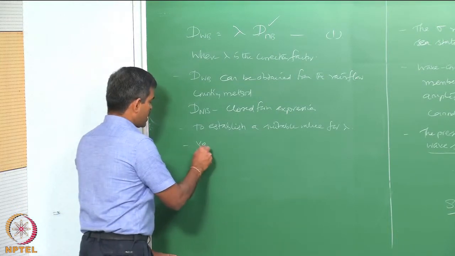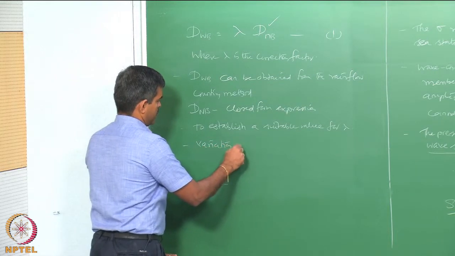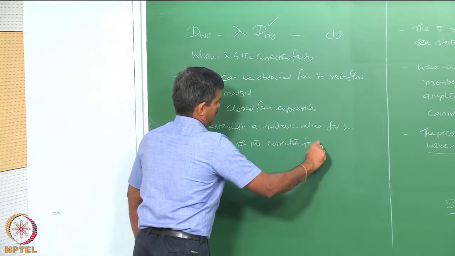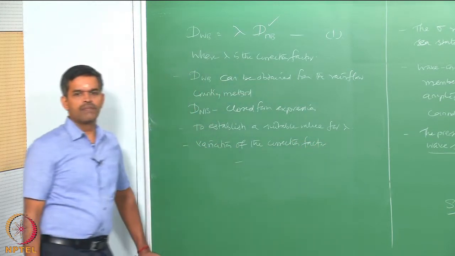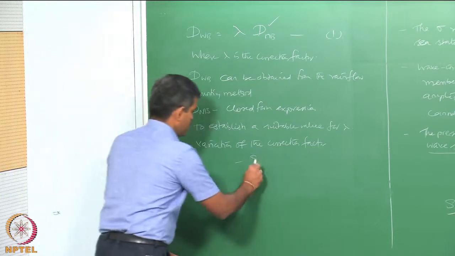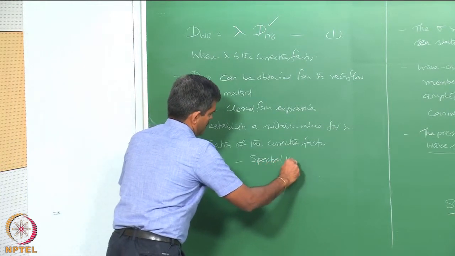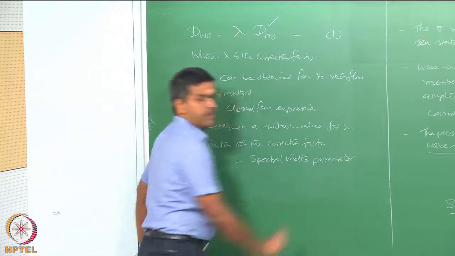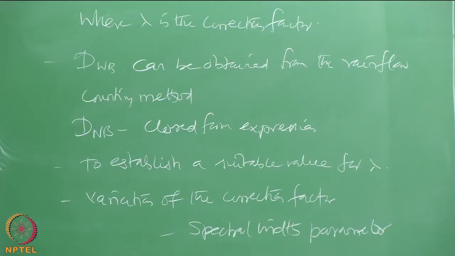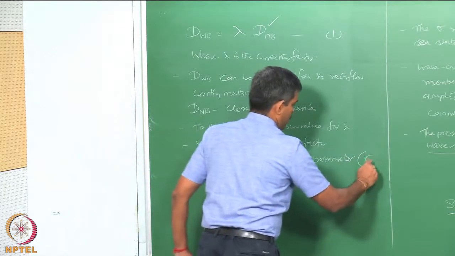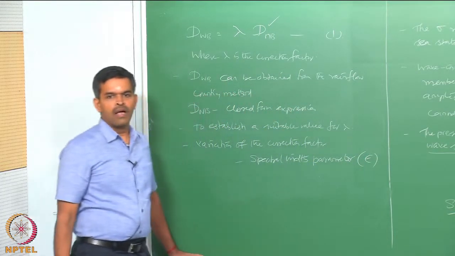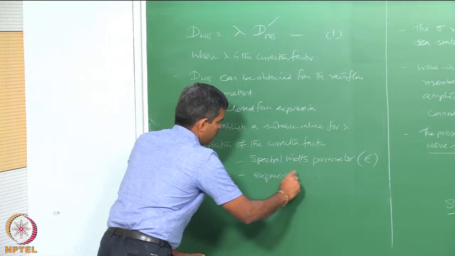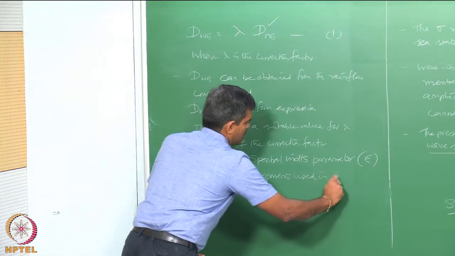The variation of this correction factor depends on the spectral width parameter, let us say epsilon, and the second could be the exponent used in the SN curve approach.